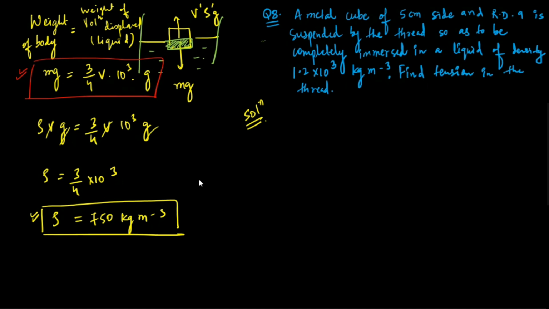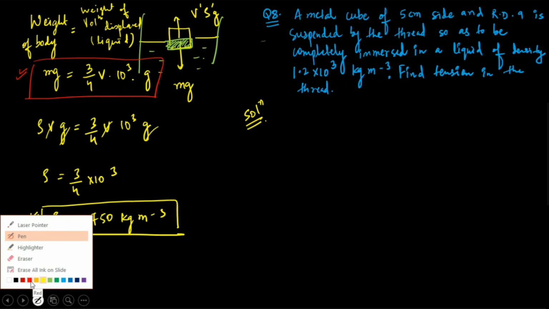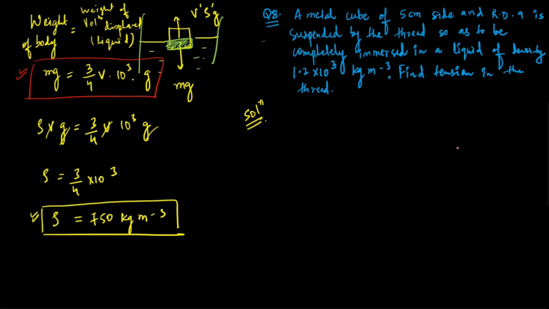So, metal cube of 5 centimeters side, and the relative density, RD, is 9.